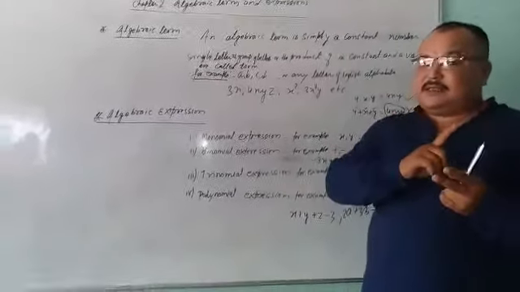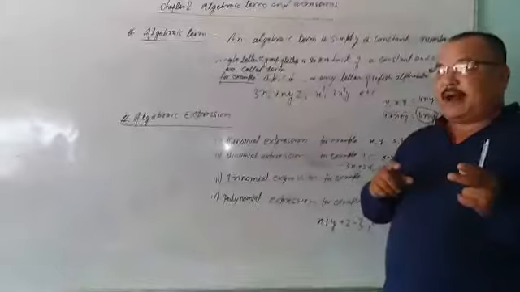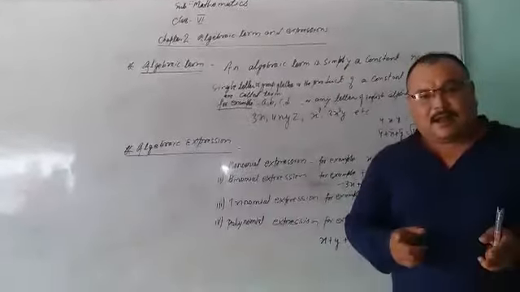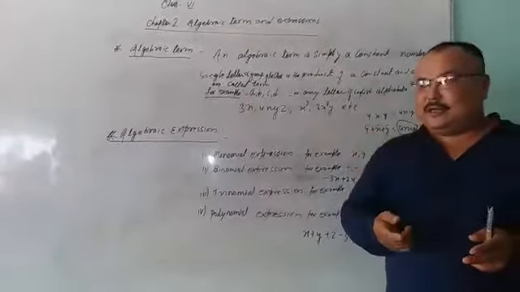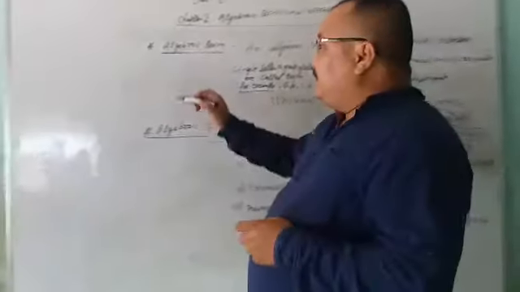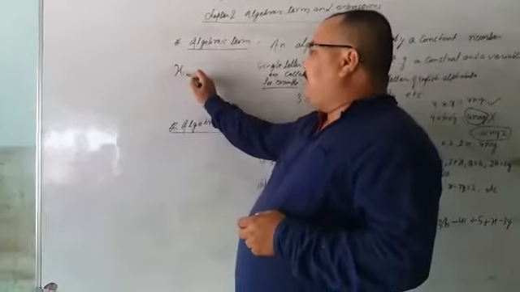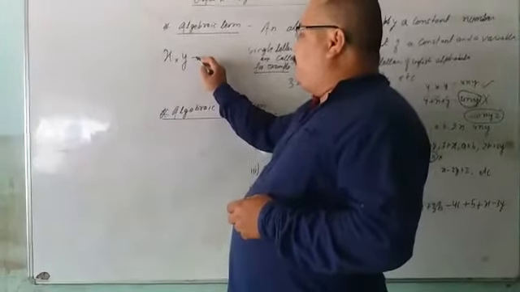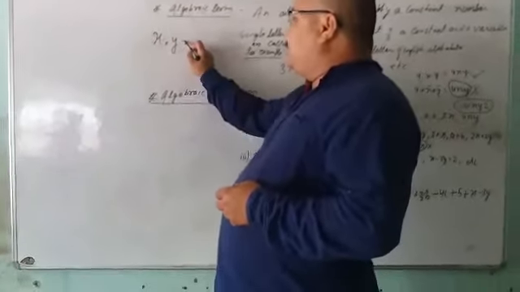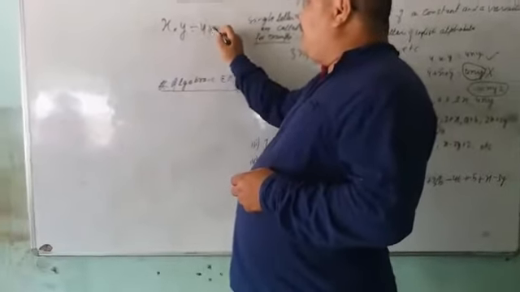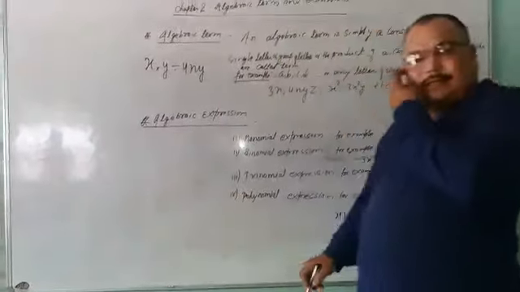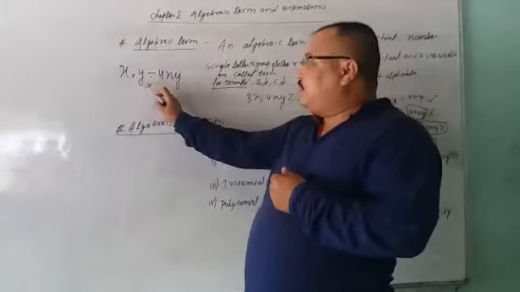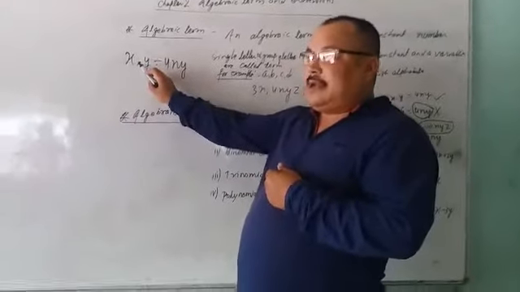Remember that when the expression is separated by a multiplication or division sign, you do not say that it is a binomial or trinomial. It is only one term. For example, x into y divided by 4xy. Here, students, this expression has no minus or plus sign.